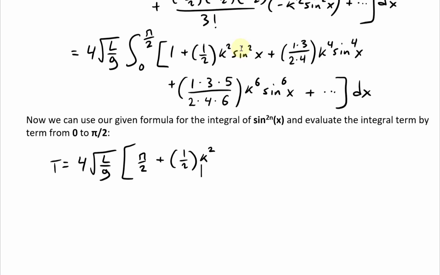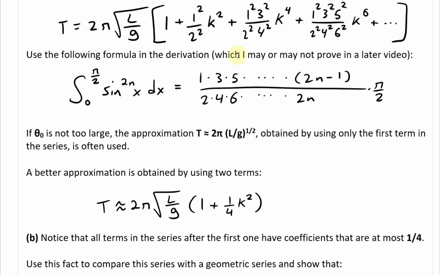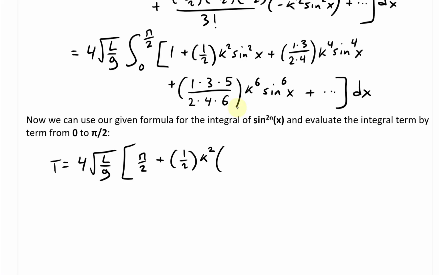And now the sine squared becomes 1, 3, 5 over 2, 4, 6, but it goes to the 2n, and then there's a pi over 2, and the top one is 2n minus 1. Where n is 2, so that goes up to the maximum of 4. So it's going to be 2 times 4, and this one's going to be 2n minus 1, so 1 times 3 over there, and then we get a pi over 2, like that.